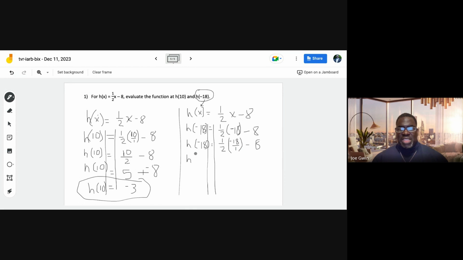h of negative 18 equals, so 1 times negative 18 is going to be negative 18. And 2 times 1 is going to give us 2.